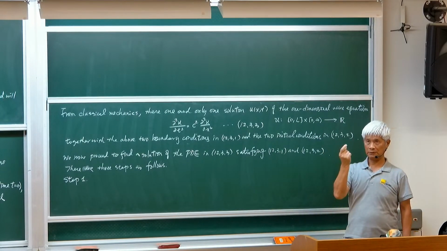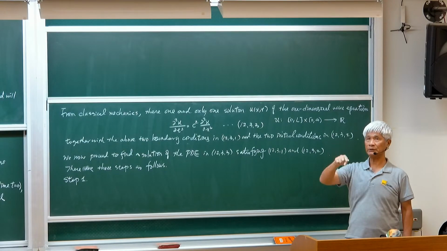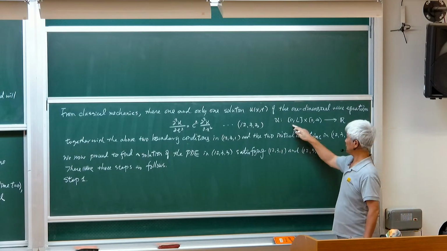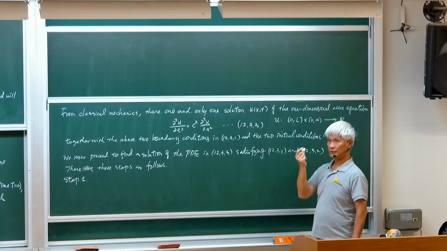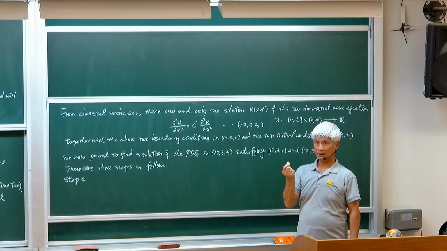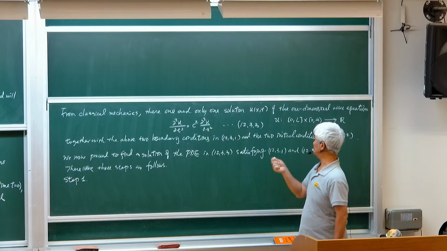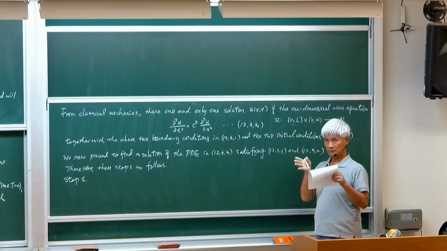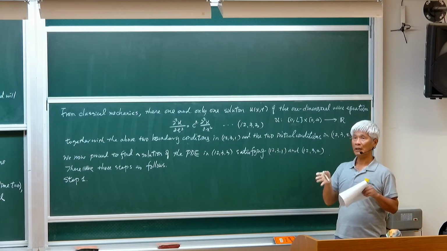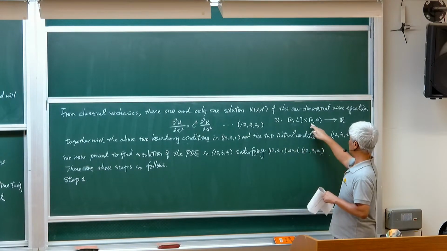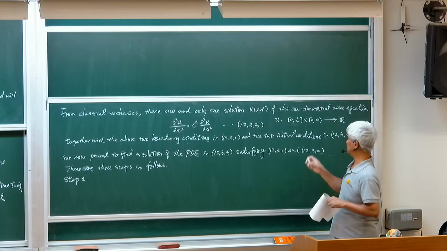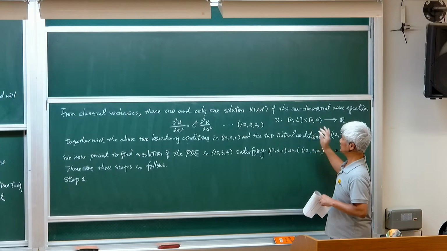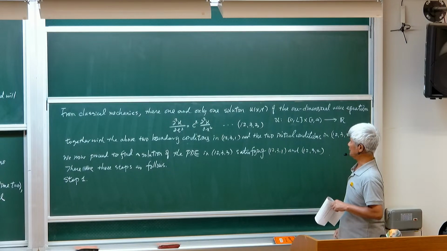So the solution u has two independent variables. For the x variable, x is in this finite closed interval, and for the time variable t is in this semi-infinite ray.